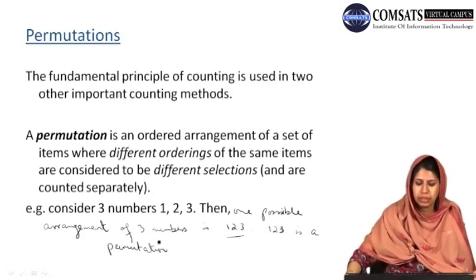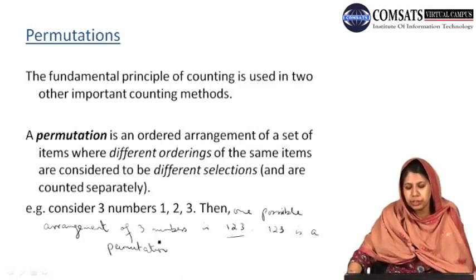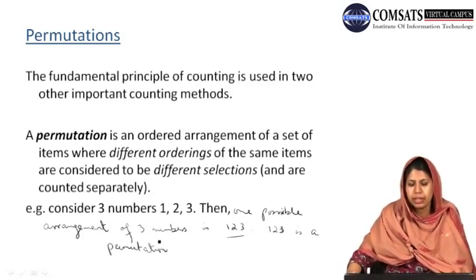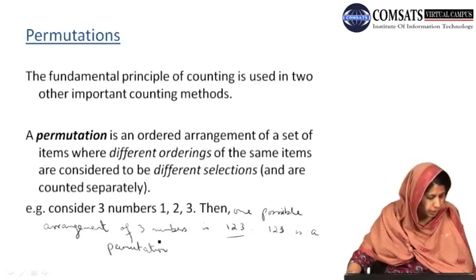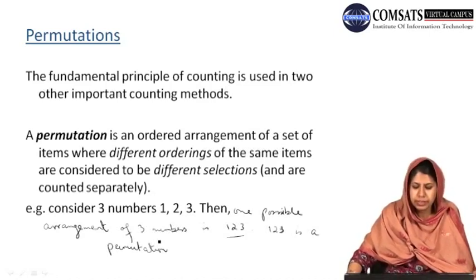Okay. Now are there any other examples of the permutation from this given set having elements 1, 2 and 3? Yes, of course, there exist other arrangements as well.